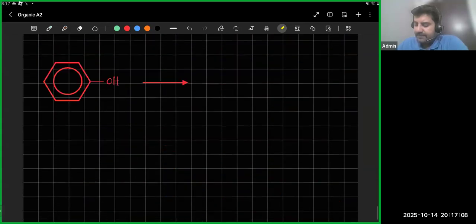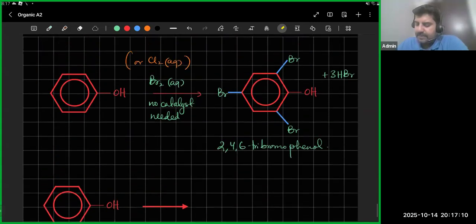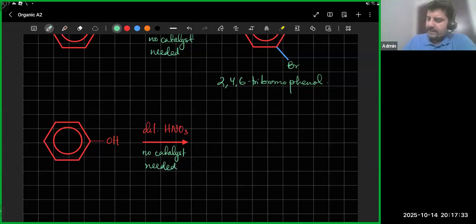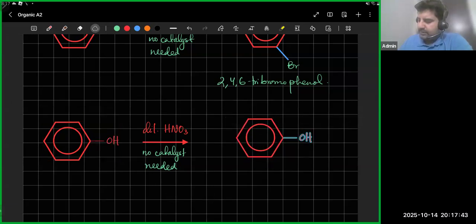Now you don't need a catalyst. In this case, what's going to happen is that even if you use dilute nitric acid, you don't even need any conditions. Dilute nitric acid, no sulfuric acid or catalyst is required. You get no catalyst needed, and you're going to get two compounds. You can remember 2, 4, 6 positions.